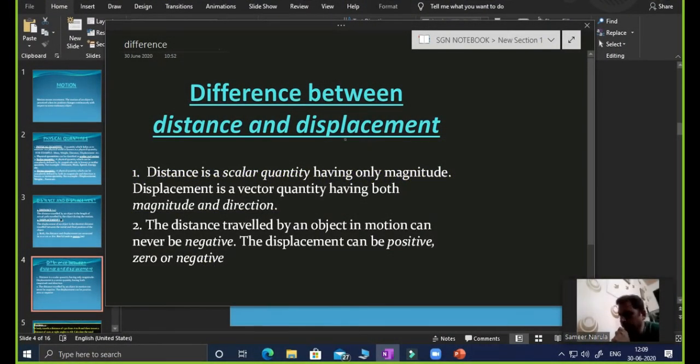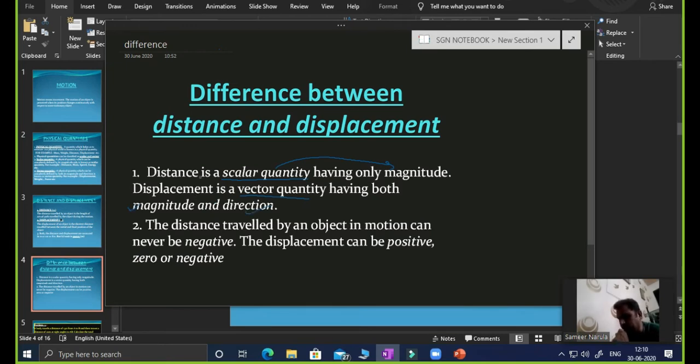Okay, what is the difference between distance and displacement? The first thing is that distance is a scalar quantity, whereas displacement is a vector quantity. A scalar quantity has only magnitude, whereas for a vector quantity both magnitude as well as direction are required.